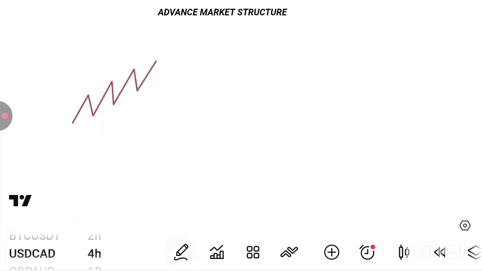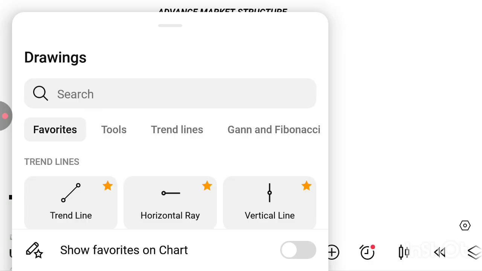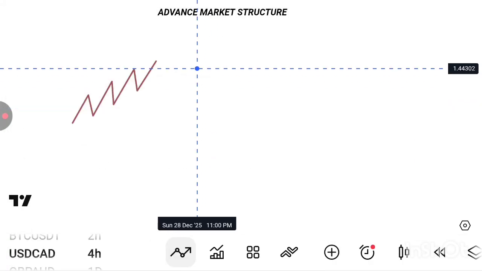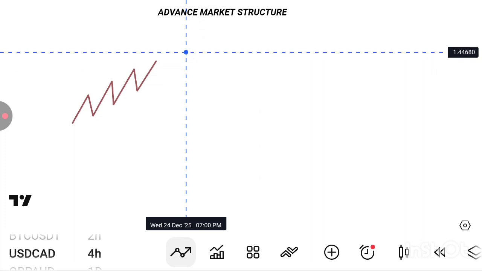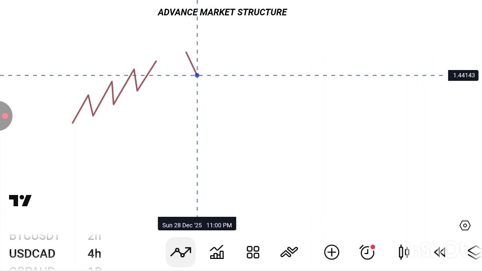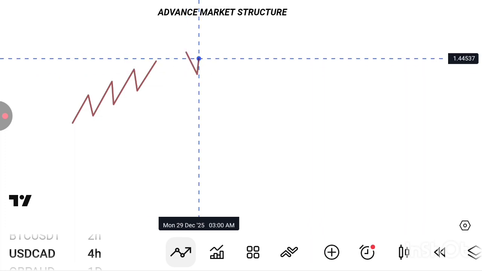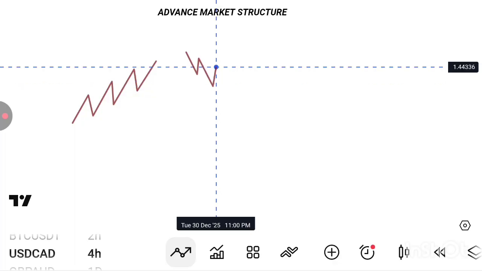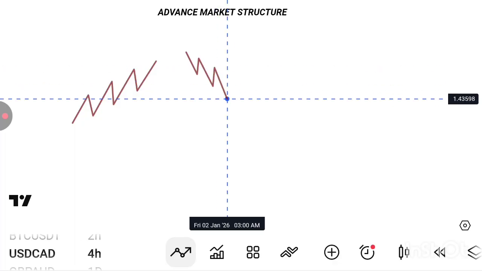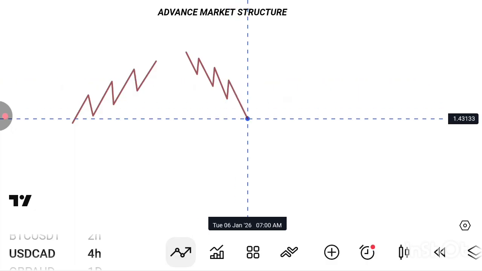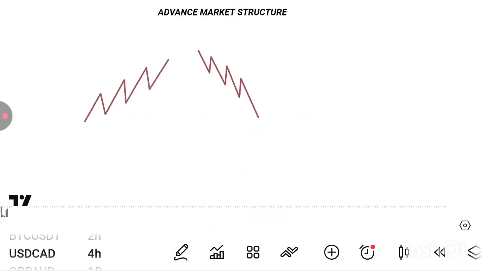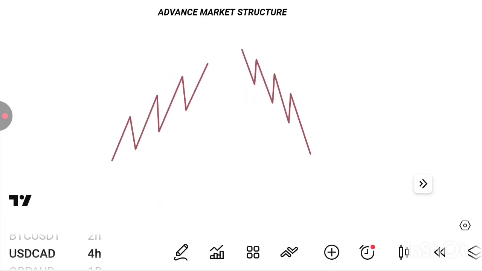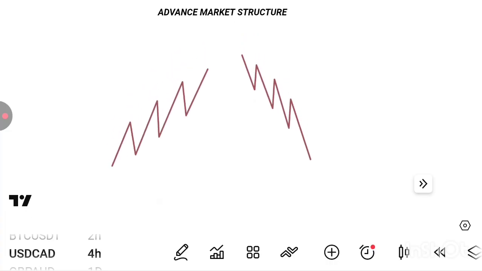Then for the bearish market structure, I said price is characterized by the formation of lower highs and lower lows, lower highs and lower lows. This is just the concept of the basic market structure, the basic form of how price moves.